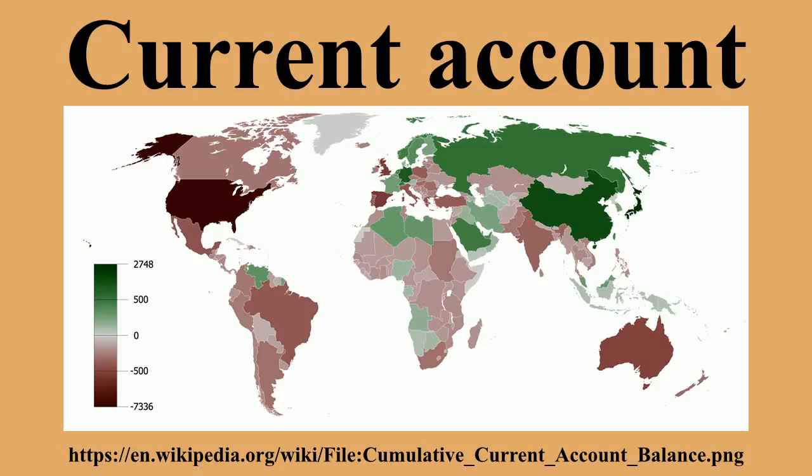Positive net sales abroad generally contribute to a current account surplus. Negative net sales abroad generally contribute to a current account deficit. Because exports generate positive net sales, and because the trade balance is typically the largest component of the current account, a current account surplus is usually associated with positive net exports.